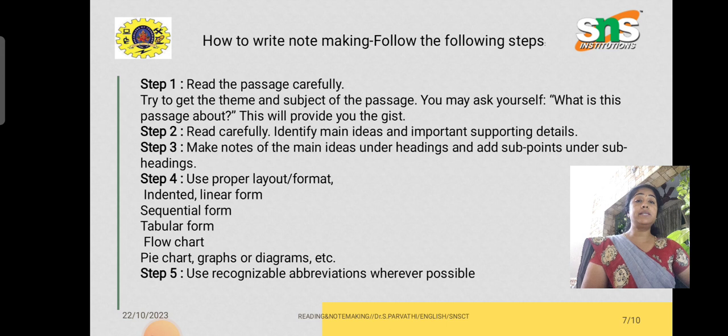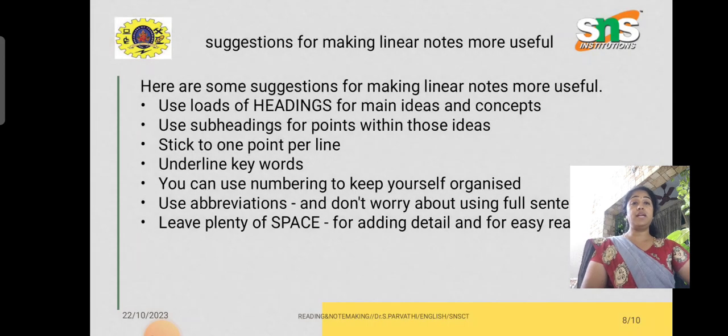Make notes of the main ideas under headings, and add sub points under subheadings. I'll show you how you have to do this linear method, and use proper layout format. There is a proper format for this linear method. I'll show you how you have to write. And step 5 is use recognizable abbreviations wherever possible.